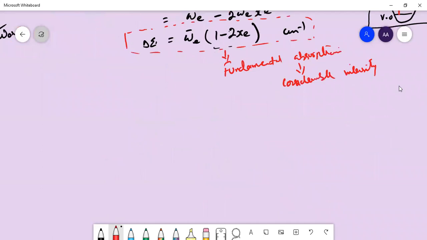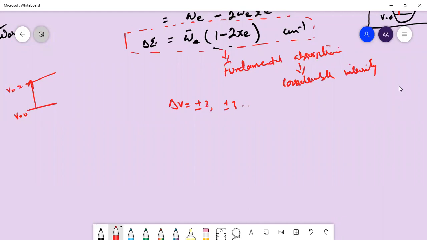So here we have delta V equal to plus minus 2, plus minus 3, and so on. If we take the value of this vibrational quantum number as V0, it means that the transition is taking place from V equal to 0 to V equal to 2 also.